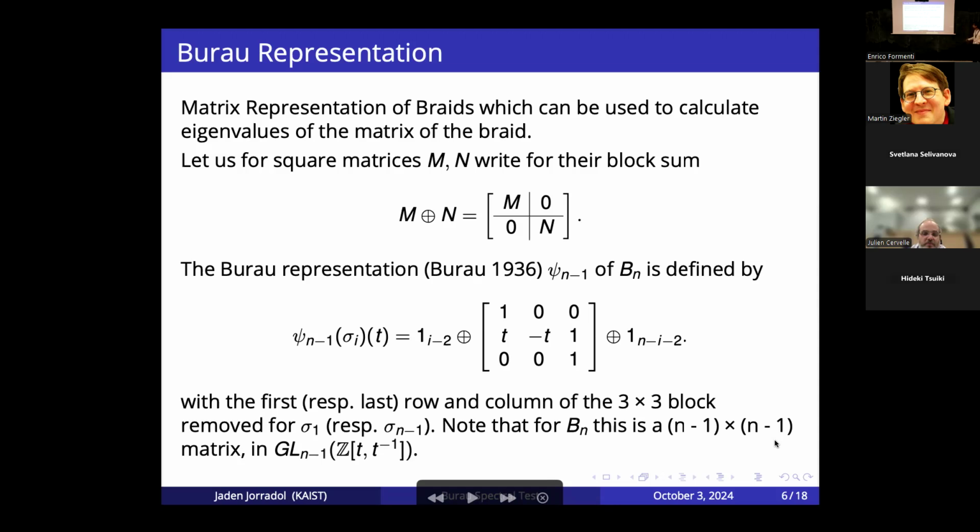But basically, the form of the matrix is in the general linear group over the ring of t and t inverse. So if you multiply it together, you get some polynomial of t and t inverse.